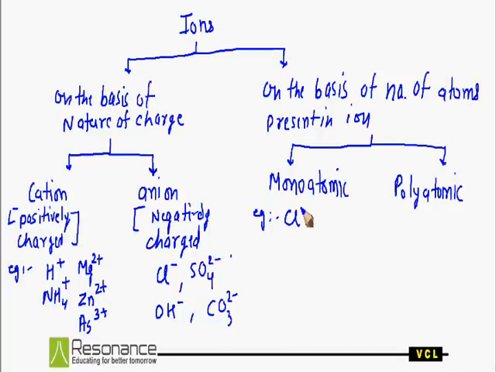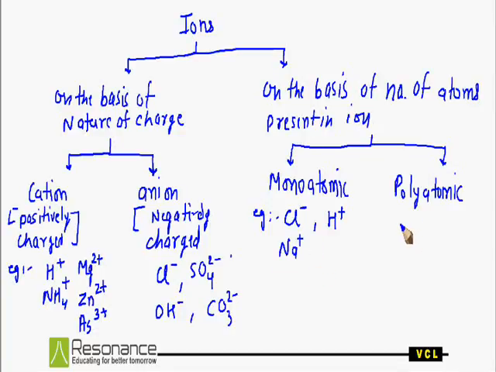Now we can take an example. Cl minus, it has only one atom of chlorine, so it is a monoatomic ion. H plus, it has only one atom of hydrogen, so this is a monoatomic ion. Na plus, it also has only one atom of sodium, so it is a monoatomic ion.